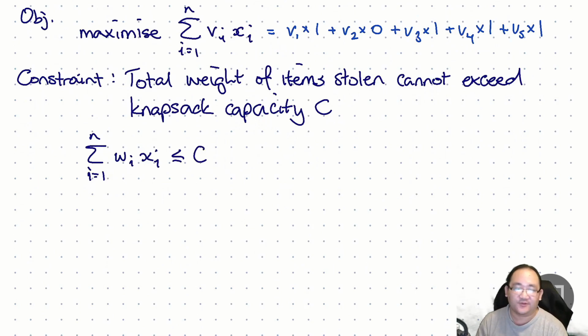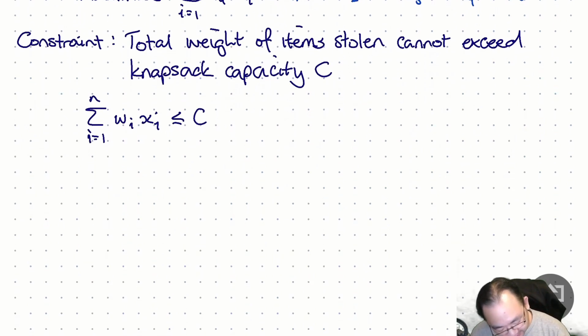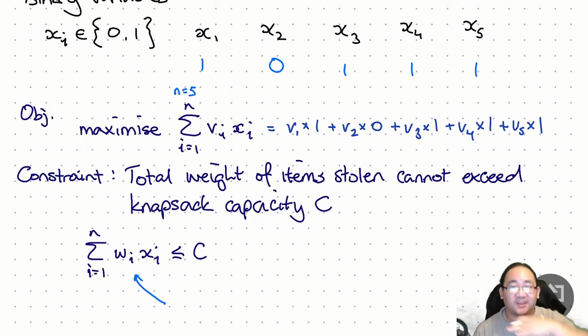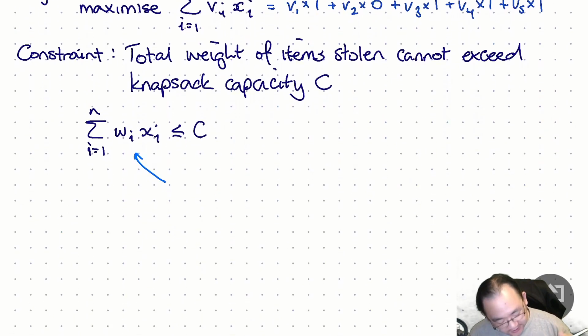If you look at the Wikipedia article, they just use W, and that's fine as well. The idea is that if we expand the left-hand side, according to our configuration where we are stealing everything except item 2, you'll get weight 1 times 1, because xi is 1, plus weight 2 times 0 plus weight 3 times 1 plus weight 4 times 1 plus weight 5 times 1.